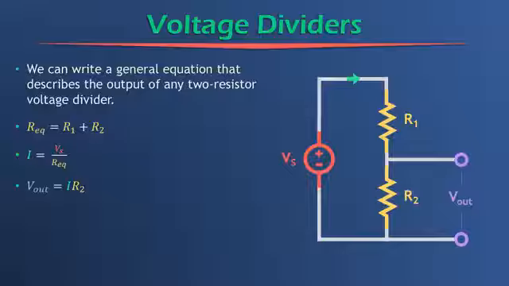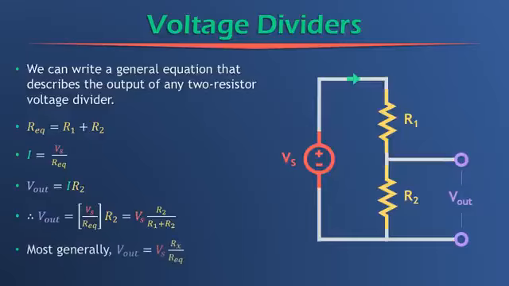We know that the current is the same everywhere in the circuit, so the current through R2 is simply I. Now we can substitute Vs over R equivalent for I into our V out equation, and then rearrange to come to the final equation: V out equals Vs times R2 over R1 plus R2. That will give you the voltage output, V out, for any 2 resistor voltage divider with any voltage source and any 2 resistors.